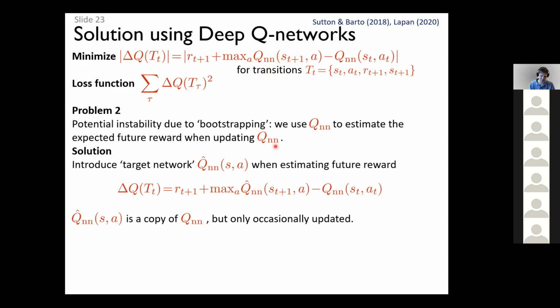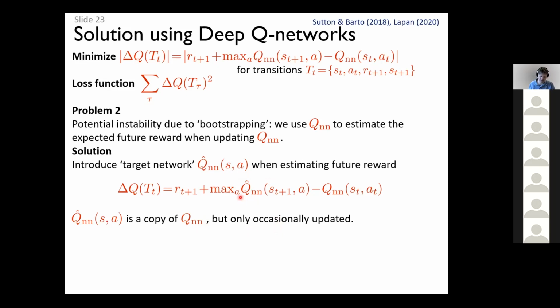So to get away from this problem, we introduce something called a target network for estimating the future reward, so the maximal here. And this is essentially the same. It's a copy of the Q network, but we keep it constant for a long time, and then we update it only occasionally.